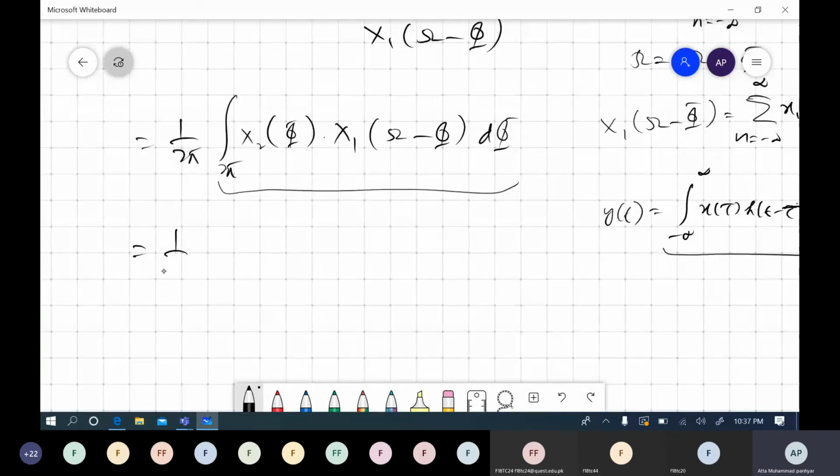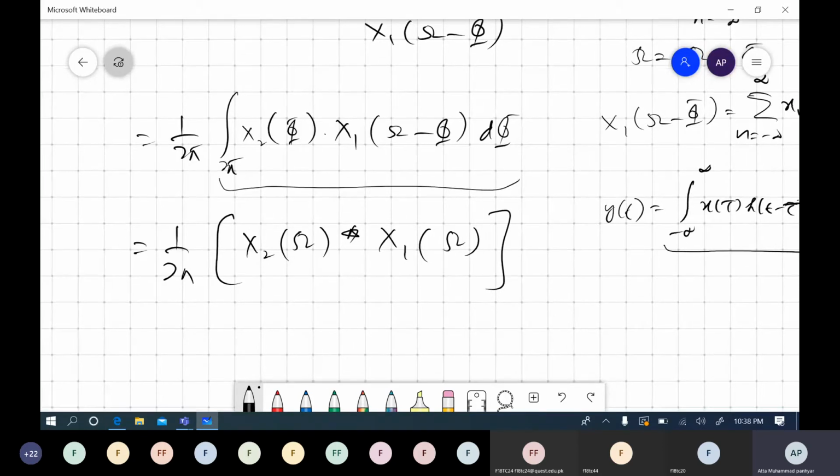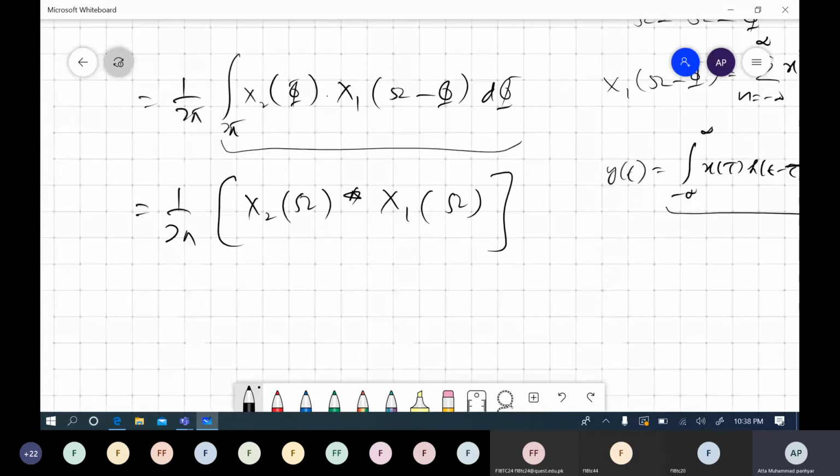So we can write that this must be equal to X2 of omega convolution with X1 of omega. And because the convolution is commutative, we can write X1 of omega convolve with X2 of omega, or X2 of omega convolution with X1 of omega, it does not matter, right?